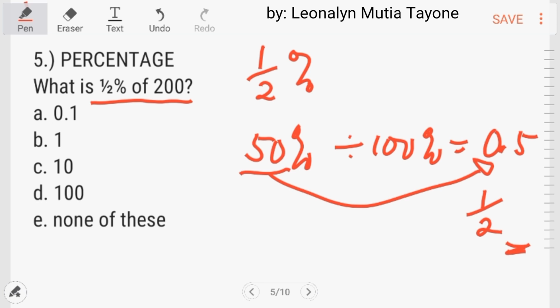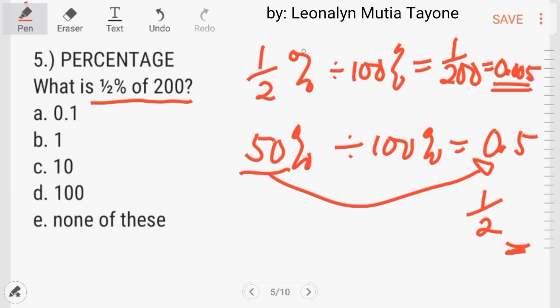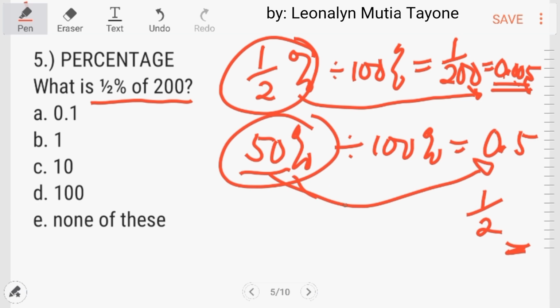Walang percent sign. Ang 1/2%, i-divide mo lang ng 100%, and that is 1 over 200 or 0.005. So, 1/2% is equivalent to 0.005. Unlike ang 50% is equivalent to 0.5.